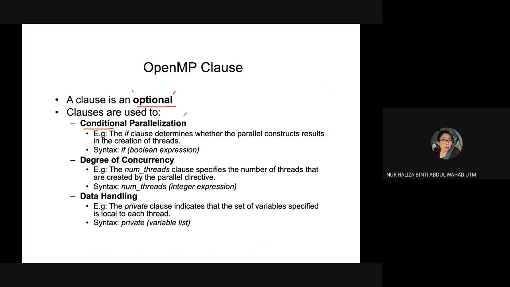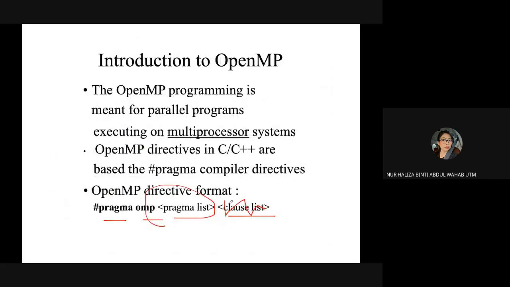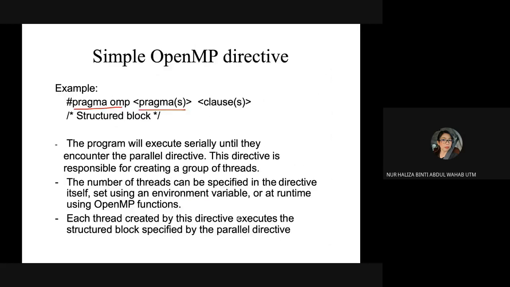If in the given situation there is no need for you to use clauses, you just ignore them. But if needed, depending on the situation, you need to write the command, like pragma omp parallel for, and then whichever type of clause you're going to use.